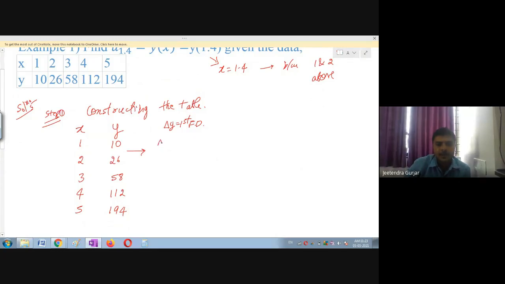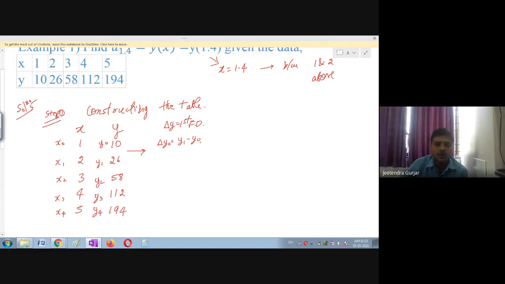This is delta y naught. The formula is y1 minus y naught. You can note this down. This is x naught, x1, x2, x3, x4. And y naught, y1, y2, y3 and y4.